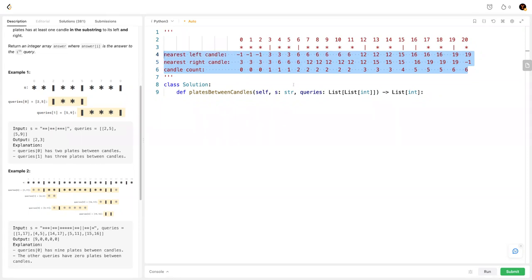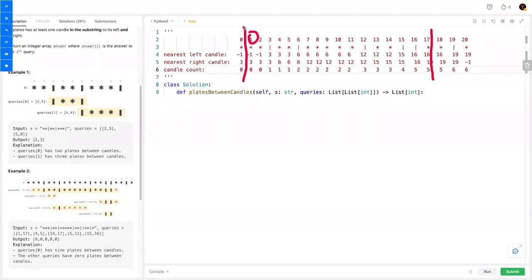So let's say the input range is from 1 to 17. So this is the range we want to count, right? So for position 1, we want to find the closest right candle, because we want to find all the plates bounded by candles, right?